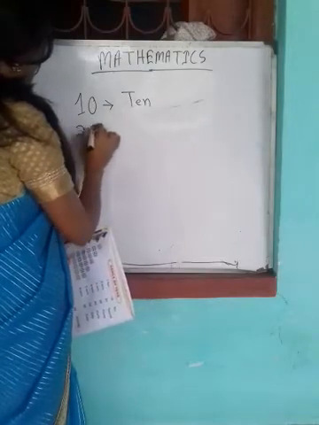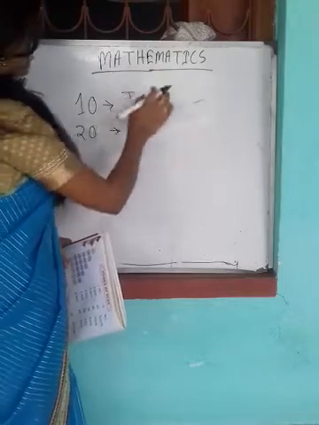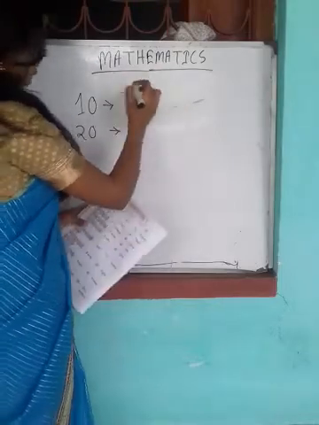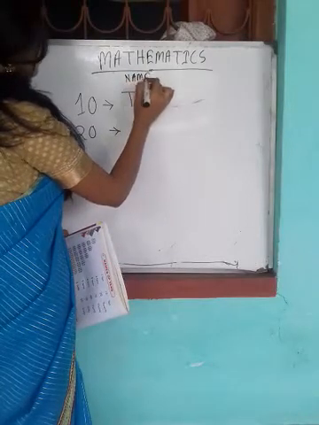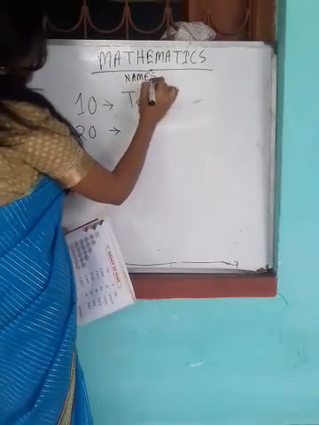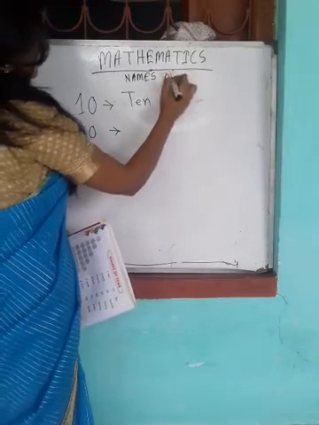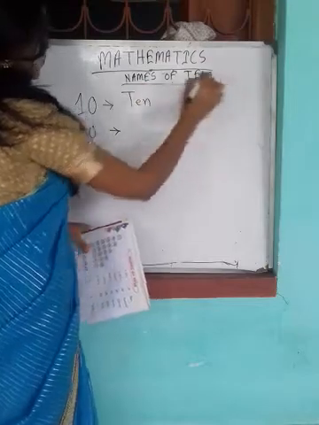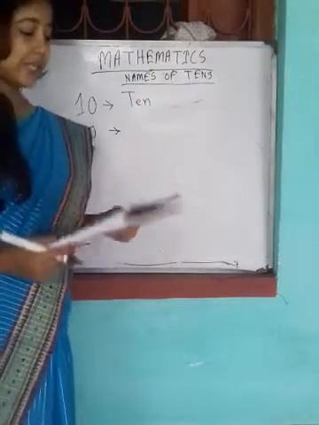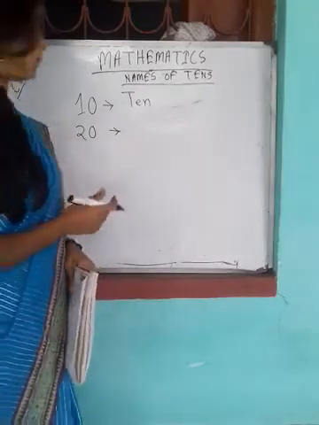But for 20 it is also tens place, right? Tens. So tens name. Today we will learn name of tens, and all those names of tens we will learn today, okay?